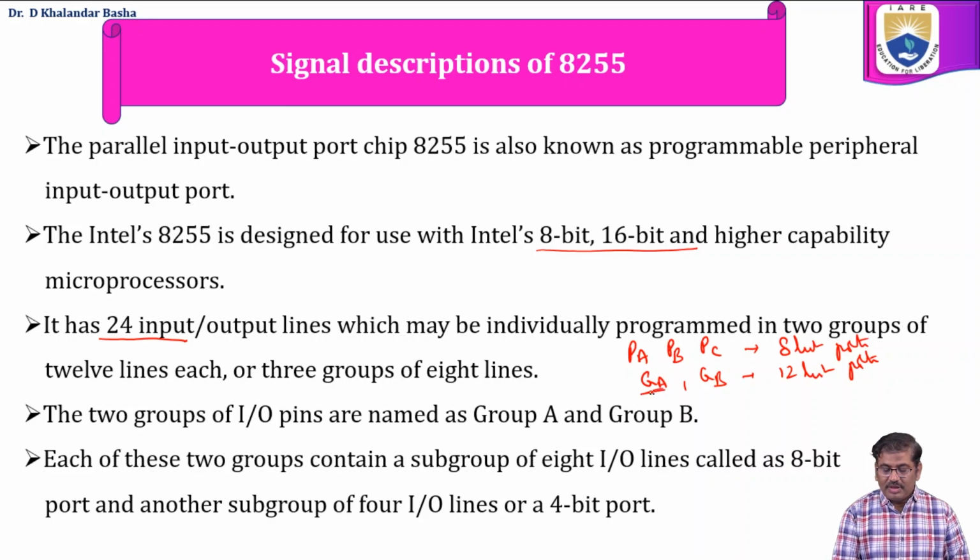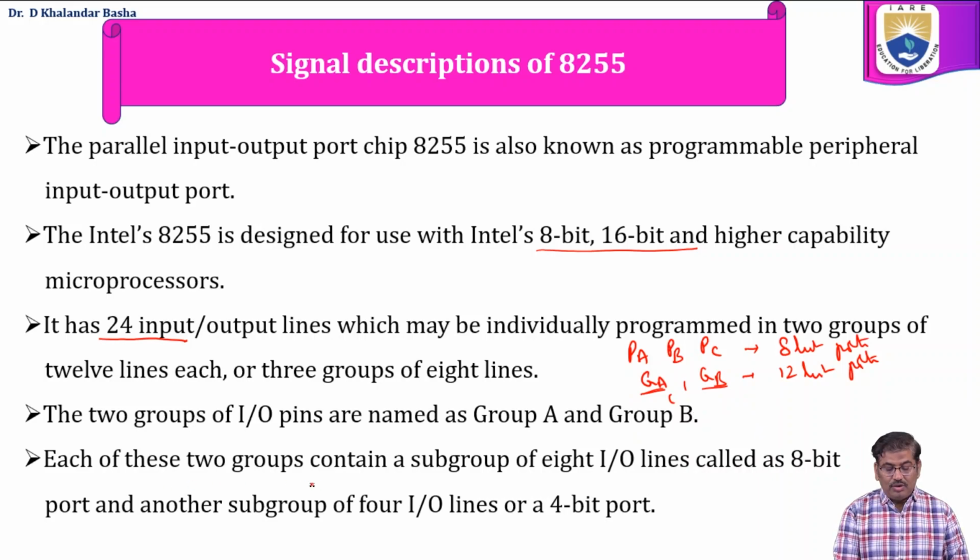Under group A, we have port A and port C upper. Under group B, we have port B and port C lower. So these two groups of I/O pins are named as group A and group B.